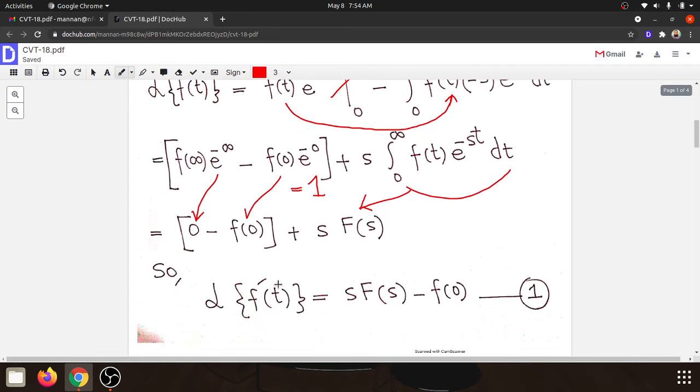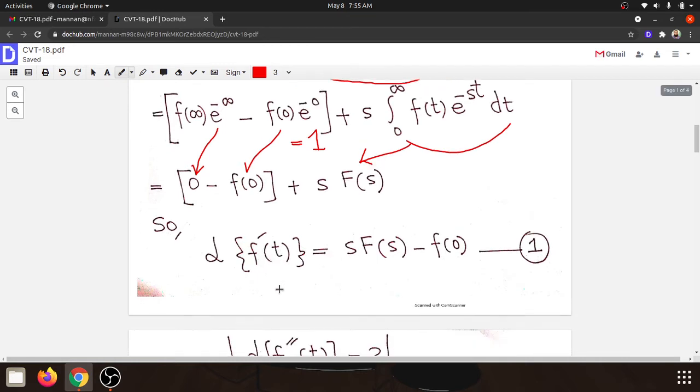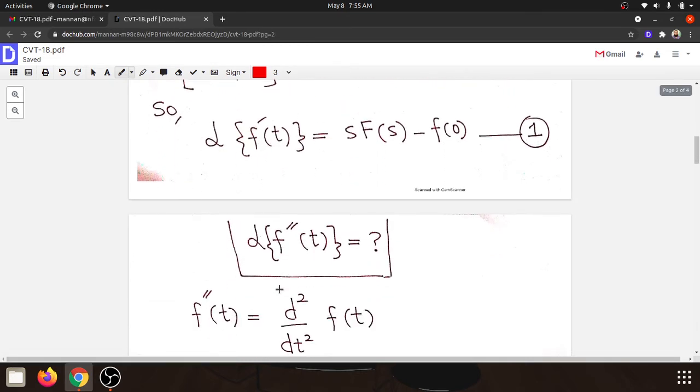So rearranging terms here gives us the Laplace transform of the time derivative of f is s times F of s minus f of 0, where f of 0 is a value obtained by putting 0 in the given function f, whose derivative is the one for which we are computing this Laplace transform. So this is a very important equation.